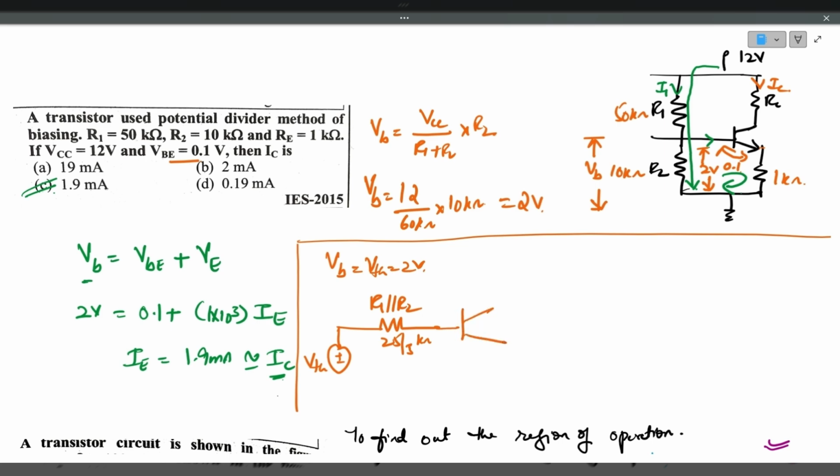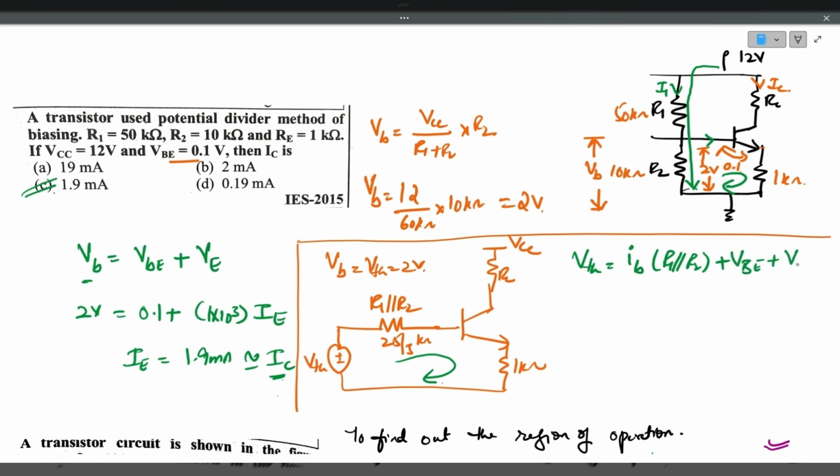And then you draw the transistor, collector resistance RC, VCC, and emitter resistance 1 kilo ohm. Now you apply the input loop. Here also you will get the same thing. VThevenin is equal to IB times R1 parallel with R2, plus VBE, plus VE.